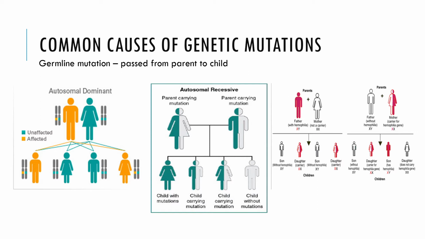And you'll see which ones end up carrying it. Affected on the left are the orange ones, 2 out of 4 with autosomal dominant. The autosomal recessive ends up having a child with the mutation, only 1 out of 4. 2 are carriers, and 1 has no mutation. And then the other one is the example of hemophilia that we talked about earlier.